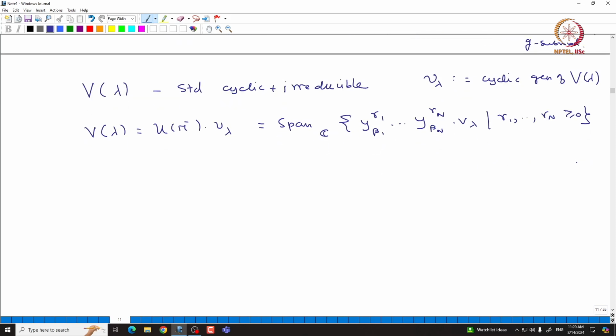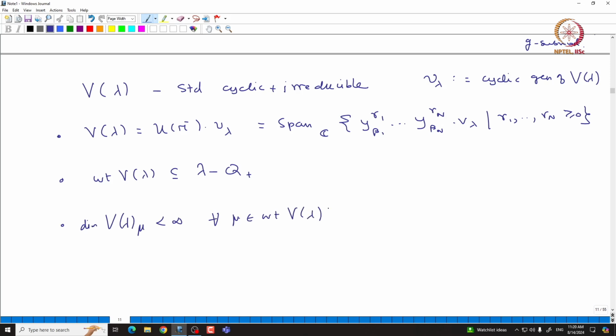Now this tells you that the weights of V lambda are contained in lambda minus q plus. That is the most important thing, and if we take any weight space, it should have finite dimension for all weights of V lambda.